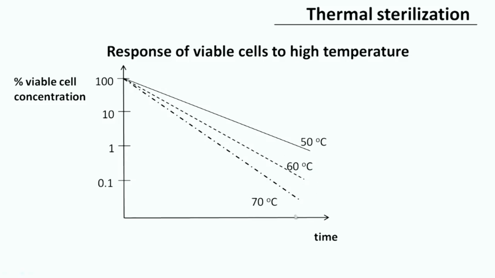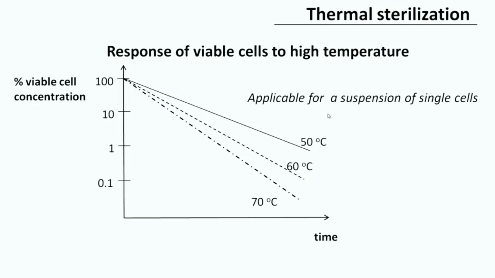And similarly, at 70 degrees C, the response is linear, but the slope of this curve is larger compared to the ones at 50 degrees C or 60 degrees C. This is the typical response that is observed when viable cells are exposed to high temperature that is higher than their normal operating temperature.